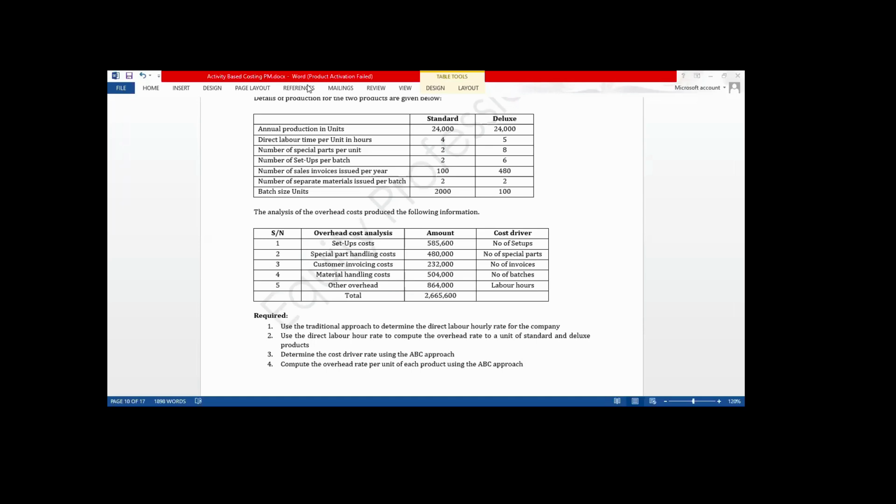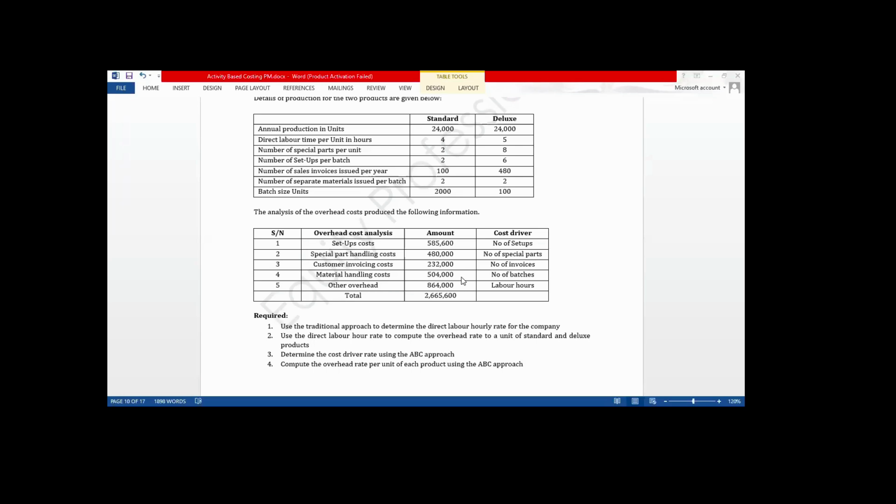I can't find the question. Why can't you find the question? The question is on that material. Page 138? No, 146.